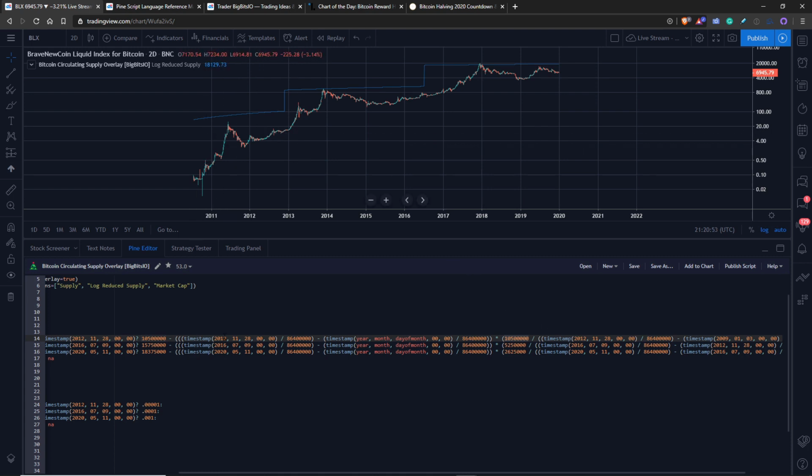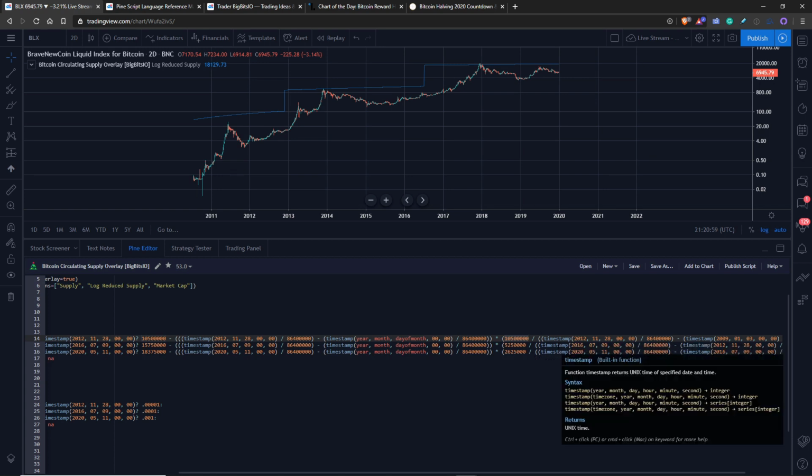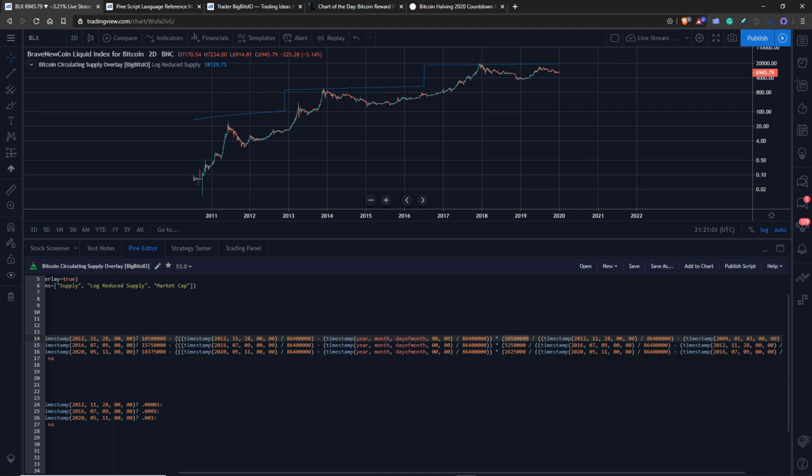Now we have that number. We have 10.5 million times the daily reward, or well, let's say this. We have the daily reward times the number of days before the next halving. Okay?